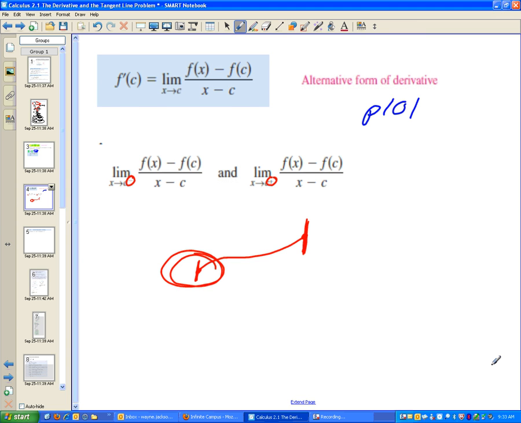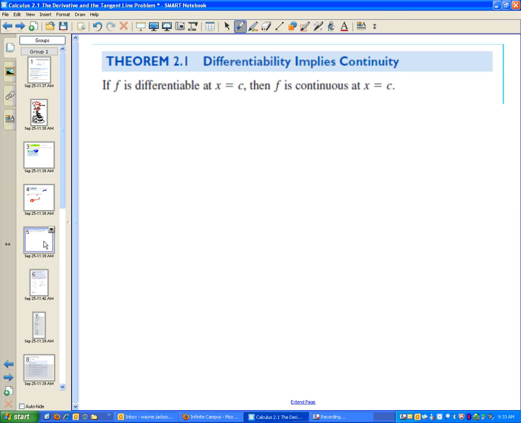All right. Now, we have a theorem at the top of page 103 that says if f is differentiable at x equals c, then f is continuous at x equals c. What it means is this. If you're able to find the derivative of a function at a certain point, the function must be continuous at that certain point.